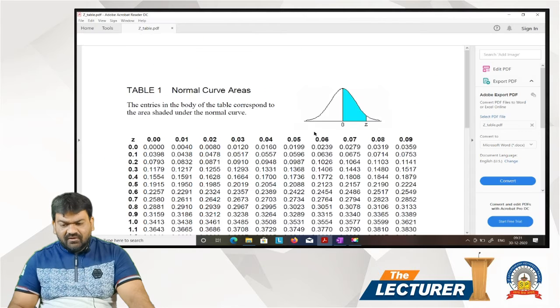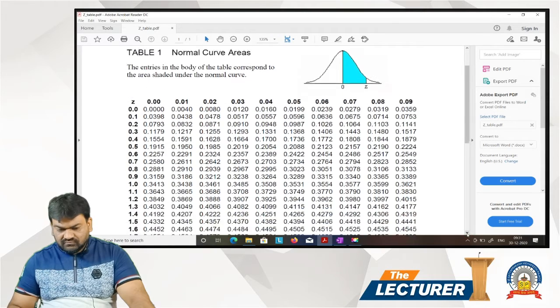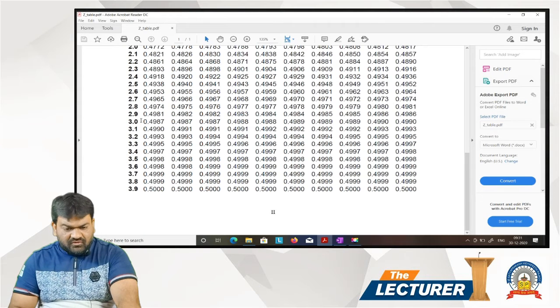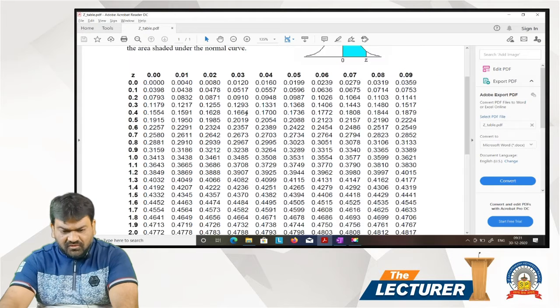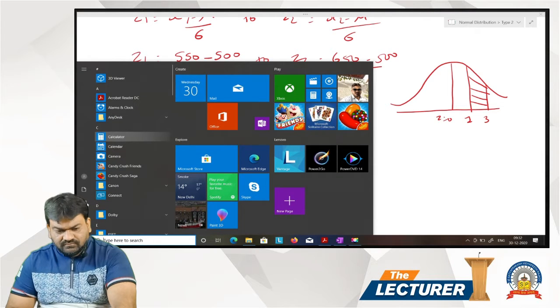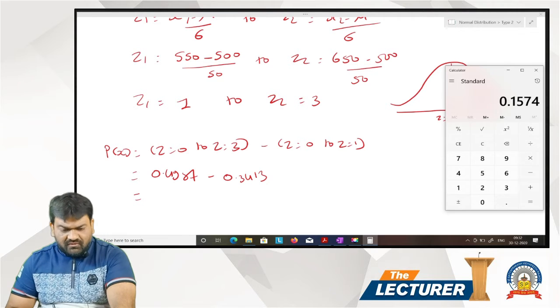For z is equal to 3, the area given from 0 to 3.0 is 0.4987. Minus the area for 1, 0.3413. So 0.4987 minus 0.3413, that is 0.1574.